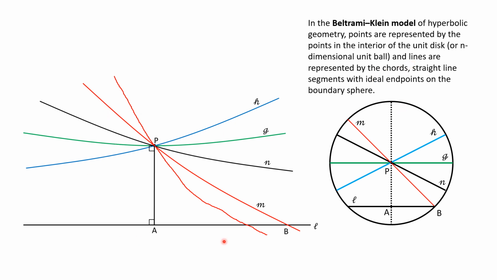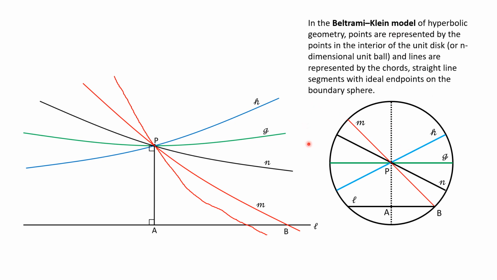So if we took our diagram here minus this line I added, we can represent it using this Beltrami-Klein model. So you see here the blue line is this chord H, and the black line is the chord N, and the green line here is the chord G. We have our points P and A just before, and this is our line L down here, and M is the line that intersects.